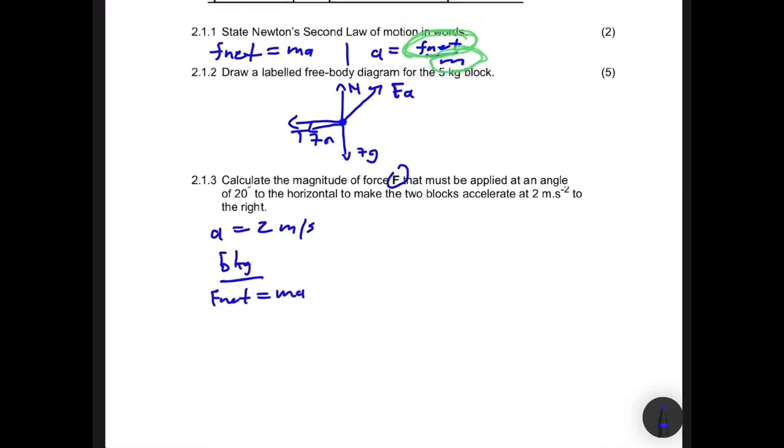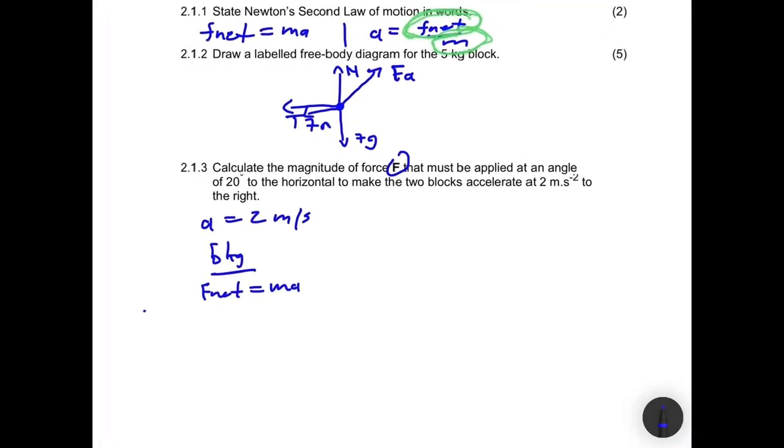Along the horizontal, we are going to have Fa x, the applied force resolved along the x. And then we're going to minus all the forces that are opposing the motion. Obviously, frictional force will be opposing the motion, and the tension force will also be opposing the motion. And this will all be equal to ma.